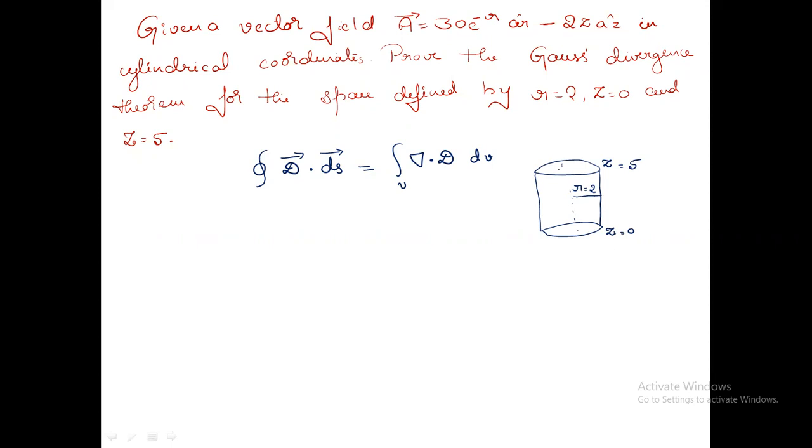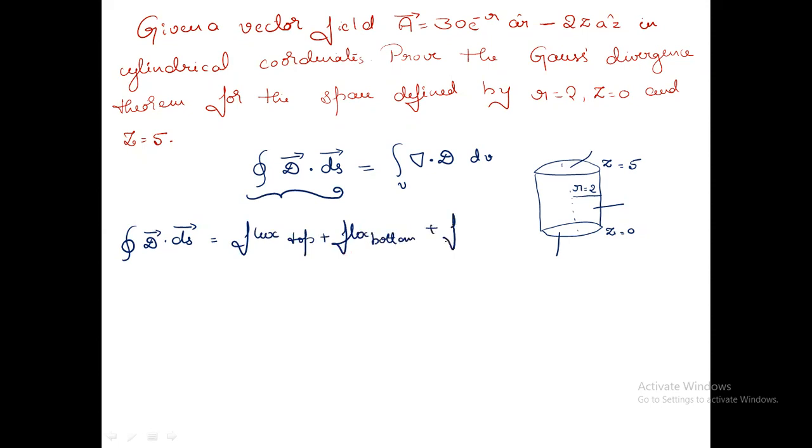And see, this cylindrical structure has three surfaces: one is the top, the curved surface, and the bottom surface. So when you're considering the total flux enclosed, this will be given by the flux enclosed by the top surface, the flux enclosed by the bottom surface, and the flux enclosed by the curved surface.